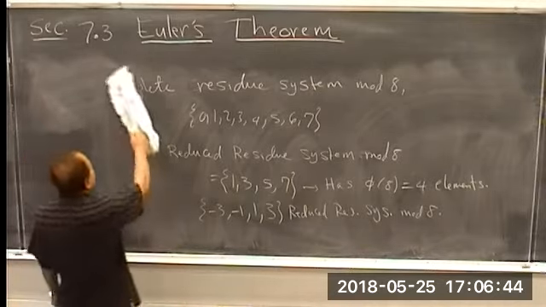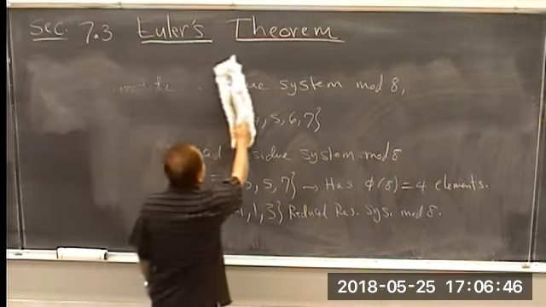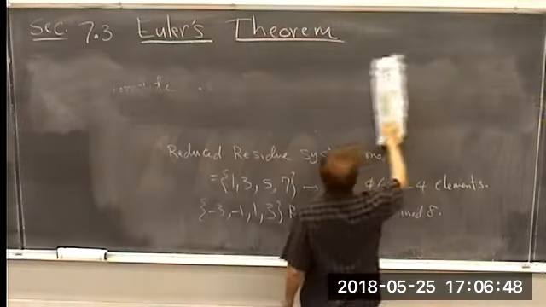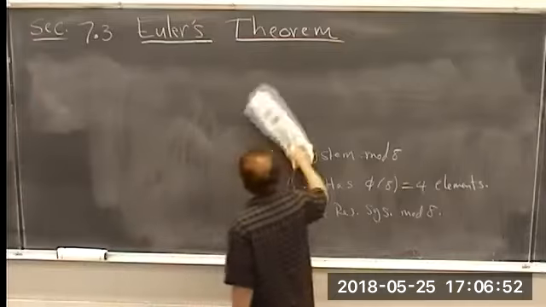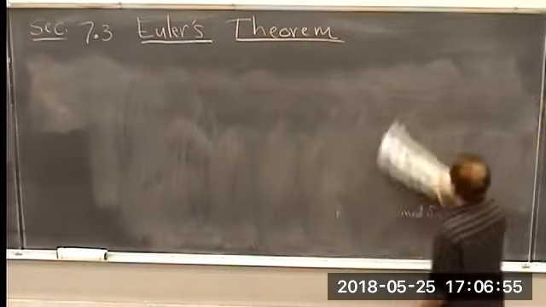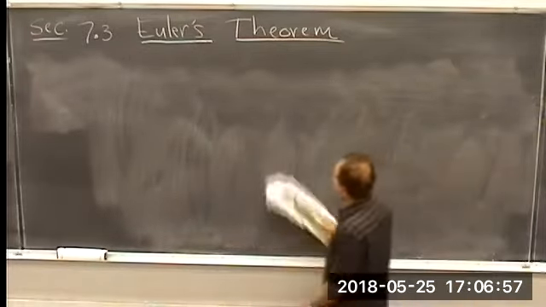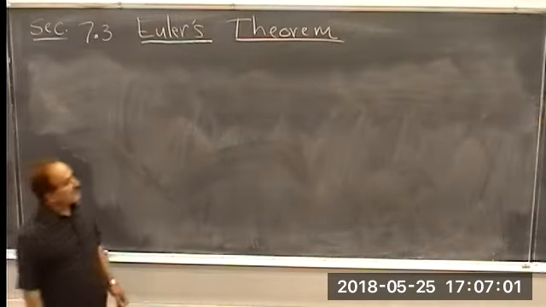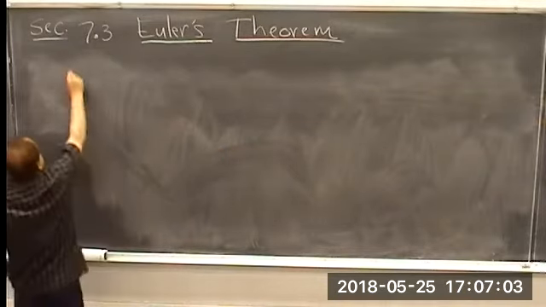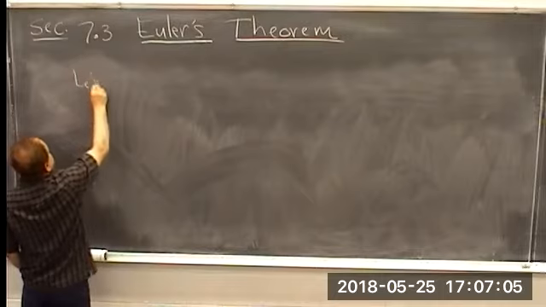And it turns out, yes, and that exponent is Euler's phi function. And so this is what we will be trying to prove. And to do this, we need the following technical lemma concerning reduced residue systems.